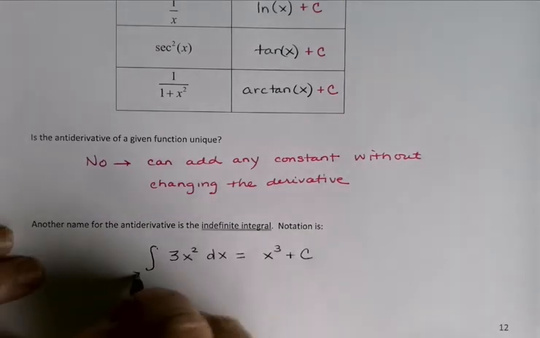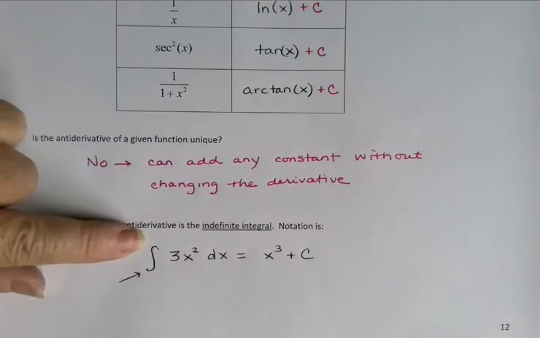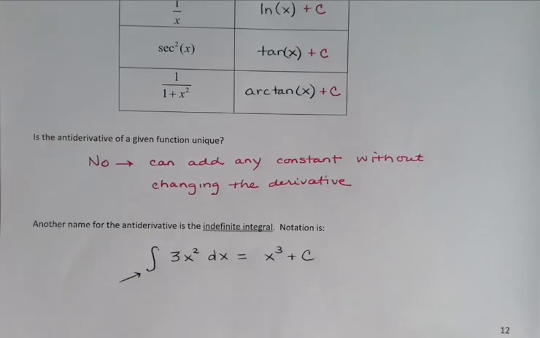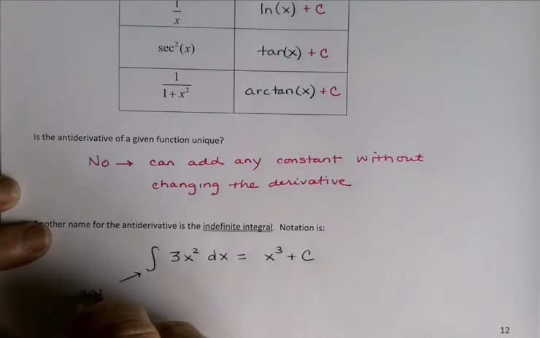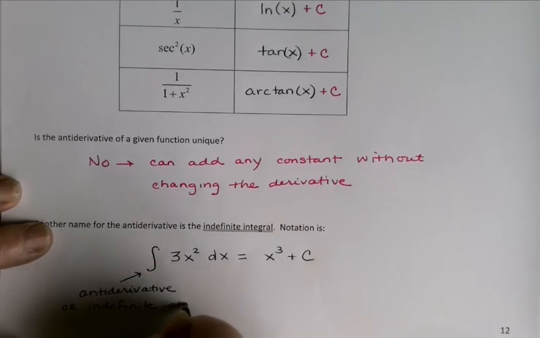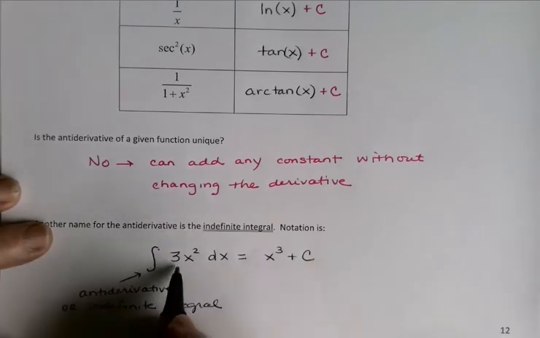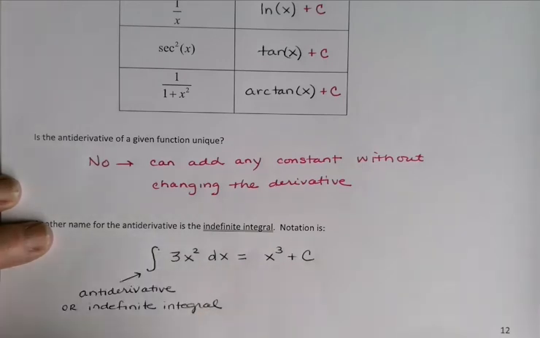So this integration sign without any limits, right? There's no numbers here like there were when we were talking about the area under a curve, stands for the antiderivative, often called the indefinite integral. And whenever you see that, you know you're just being asked, hey, what function is this the derivative of?